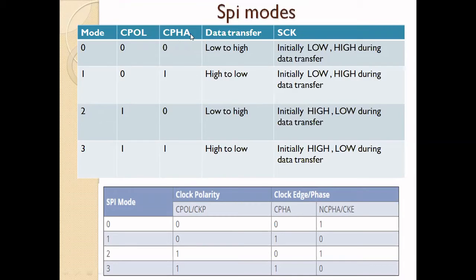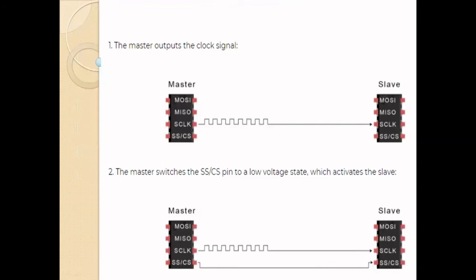Next one is clock phase. See here, for mode 0 and mode 2, the clock phase is 0, so during the rising edge the data transfer takes place. For mode 1 and 3, on the falling edge the data transfer takes place. This is all about the 4 modes of SPI.